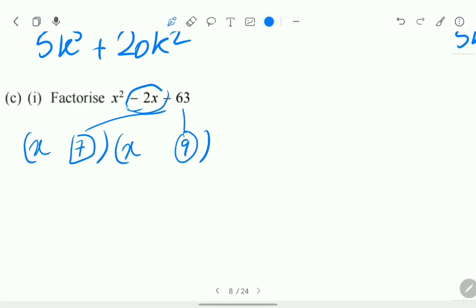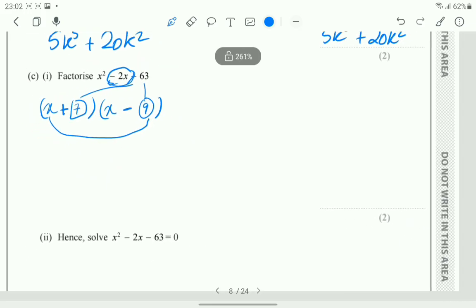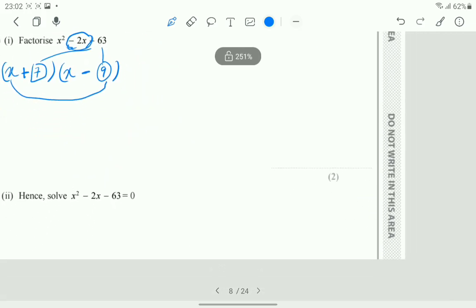So if we put x plus 7 and x minus 9, we can now visualize that 7x would be a plus, and 9x would be a minus, so plus 7x minus 9x would give us minus 2x. This requires a little bit of guesswork, or there are formulas for it which I don't want to get into right now, but this would be easily solved if you tried.